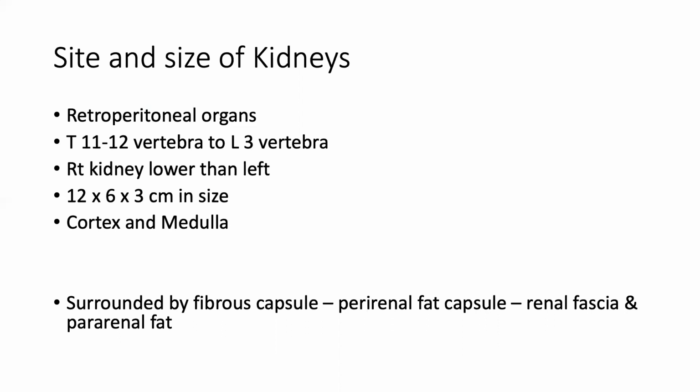It has explained everything we have seen here. And just to recall the structure, when we were dissecting out the kidney, we saw the posterior peritoneum, the fibrous capsule, perinephric fat, renal fascia, and pararenal fat. So we all see that.